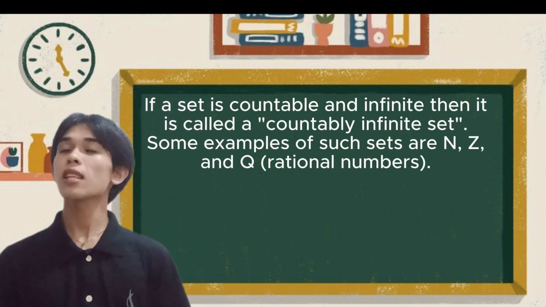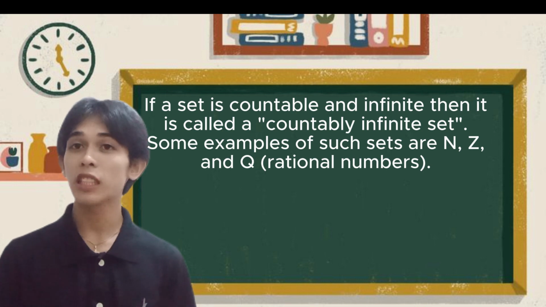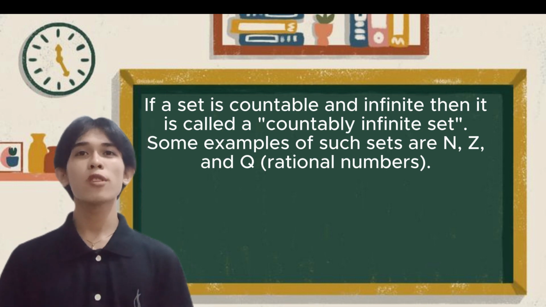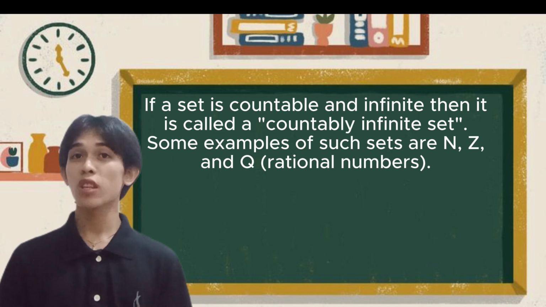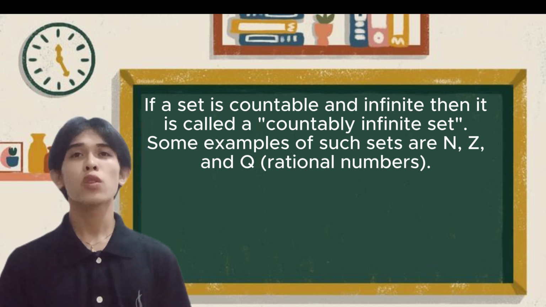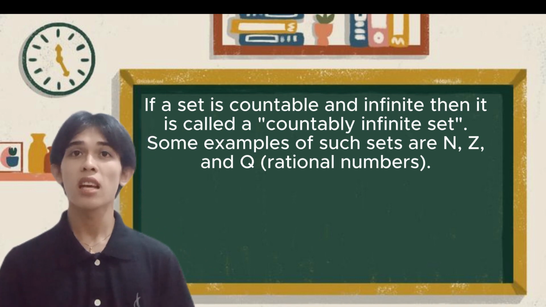If a set is countable and infinite, then it is called a countably infinite set. Some examples are the sets N, Z, and Q, or the rational numbers. The cardinality of a finite countable set is the number of elements in the set.